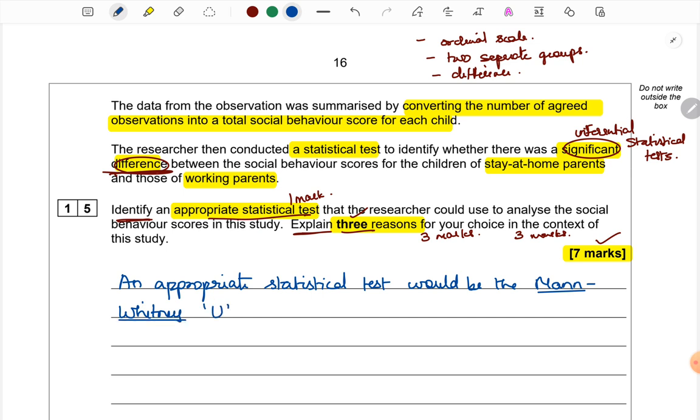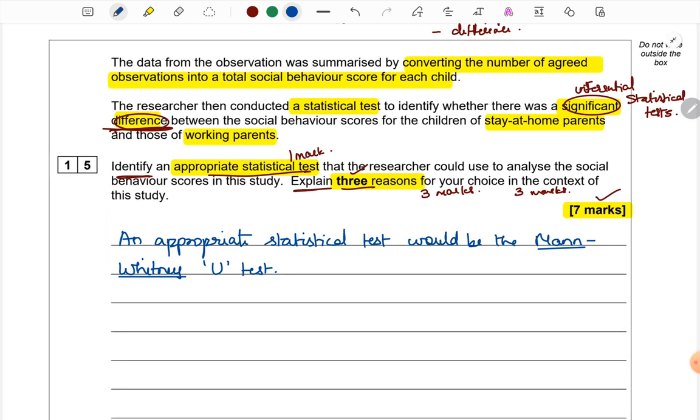In this syllabus, even if you write Mann-Whitney test, it is considered as correct. One reason is that the collected data is on an ordinal scale.